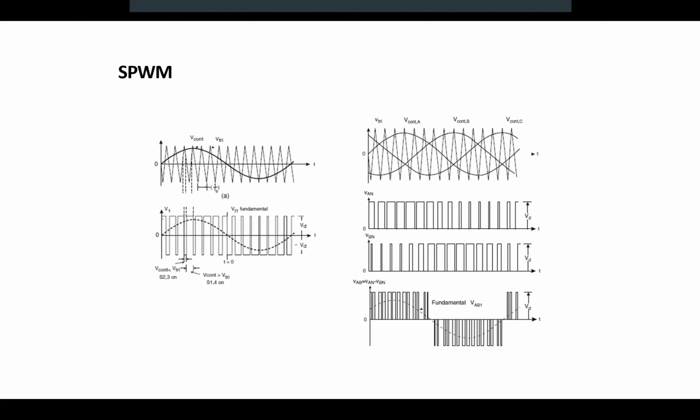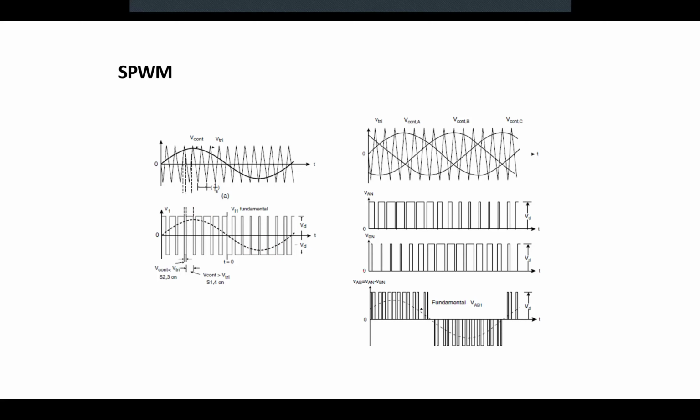The turn-on duty ratio is low and goes higher when we get to the 90 degree point, then goes lower and reverses in the negative half cycle. You see the pulse width follows the sinusoidal variation of that duty ratio.